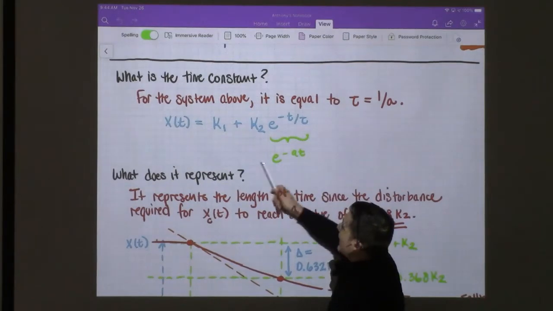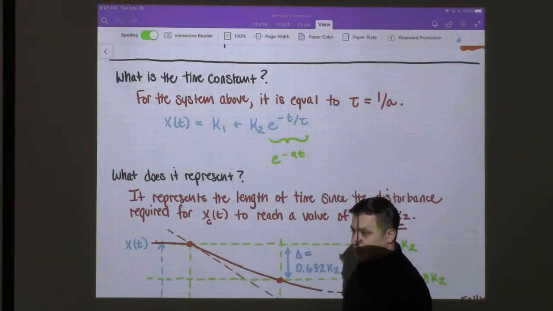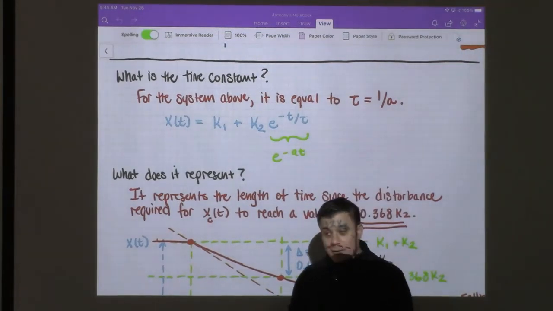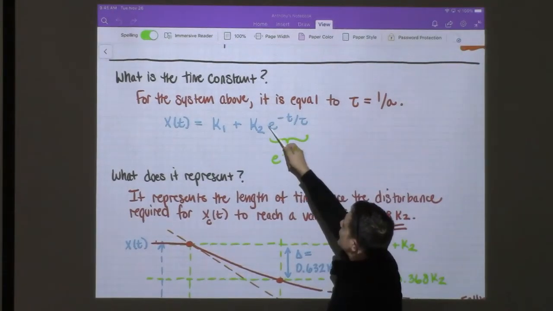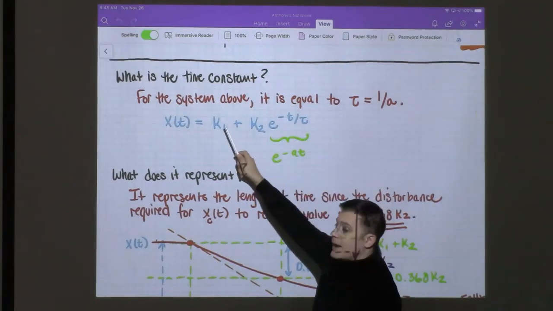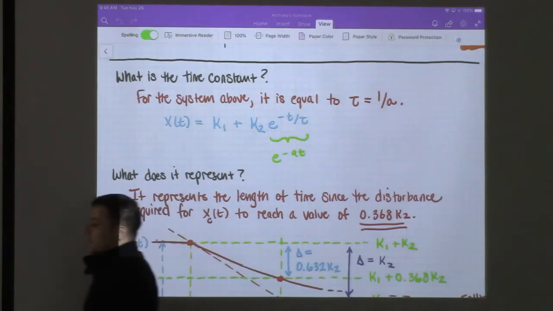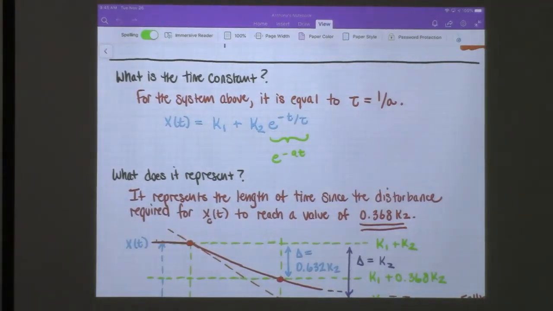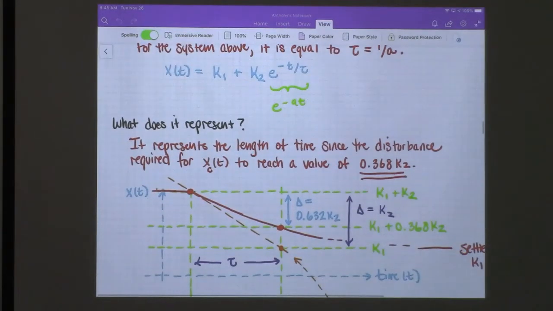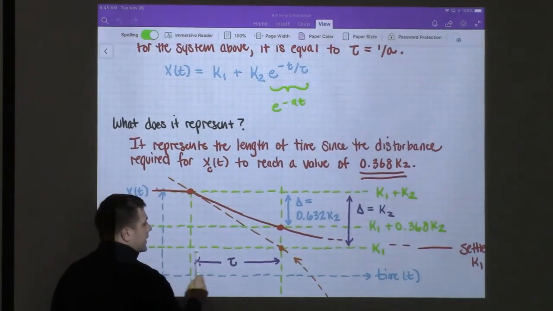At the beginning, the value is K1 plus K2, so that's the reason why it's the top green line. After a long period of time, this will drop to 0, the K2 will go away, and so at the end of the transient, it will be equal to K1. Right? So we go from K1 plus K2, and we go down to K1.